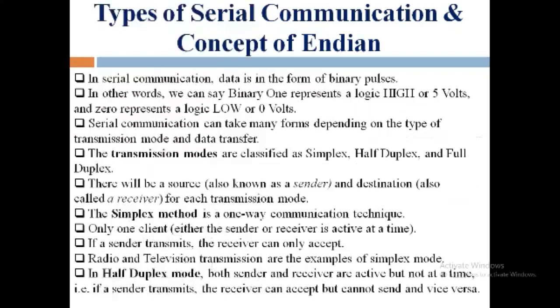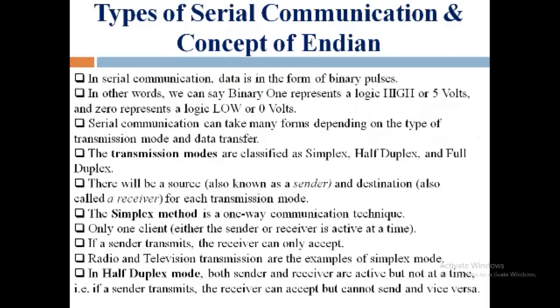Then, types of serial communication and the concept of endian. In serial communication, data is in the form of binary pulses. In other words, binary 1 represents a logic high or 5 volts and 0 represents a logic low or 0 volts.